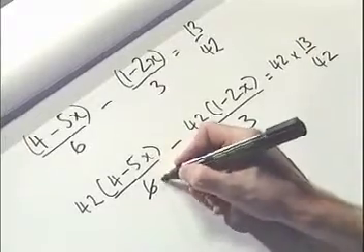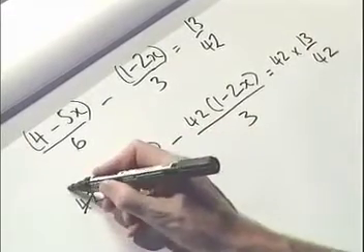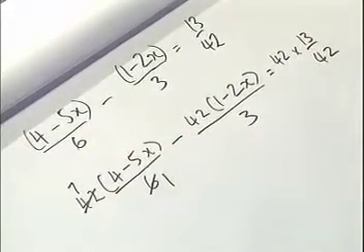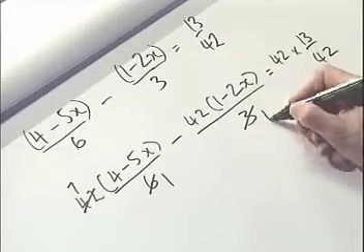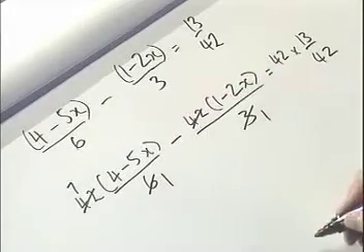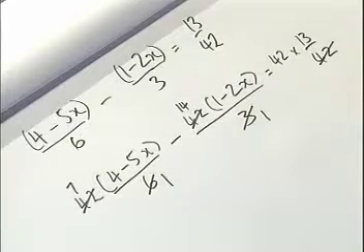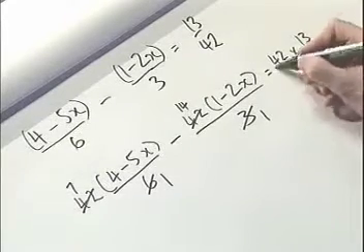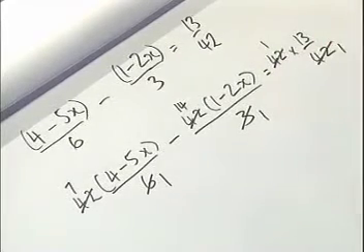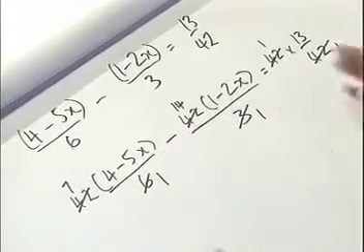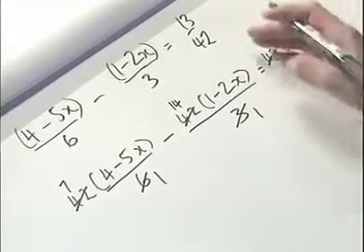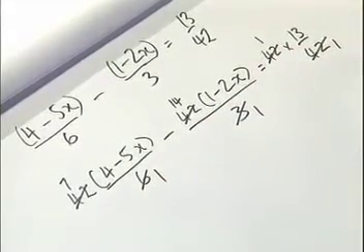6 goes into 6 once, and 6 goes into 42 7 times. 3 goes into 3 once, and 3 goes into 42 14 times. 42 goes into itself once, and again once. So now I need to multiply out these brackets and simplify this side.